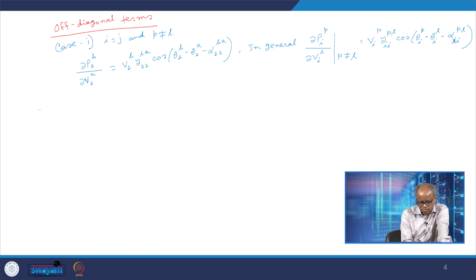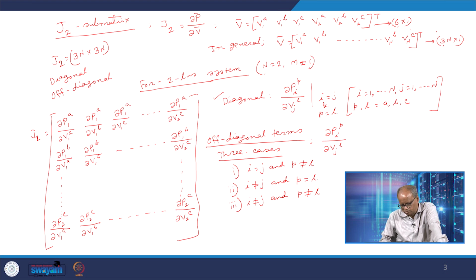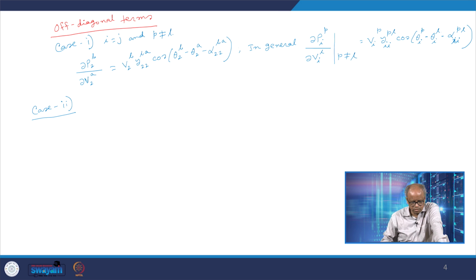Okay, let us look at case 2. Case 2 is, we have said I is not equal to J, but P is equal to L. So del P2B, let's say del V, with I not equal to J, so V1B, P is equal to L, but I is not equal to J, so del P2B by del V1B.